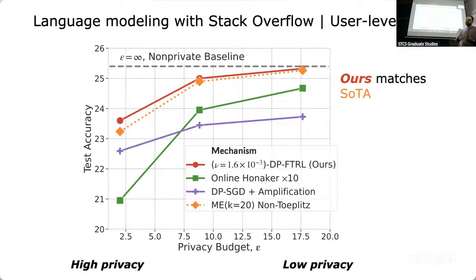And although it came out of theory for linear regression, we tried it out on a deep learning problem with language modeling, and we found that it actually works pretty well. We have to tune this one parameter, but modulo that it matches the state-of-the-art approach, in which you find noise correlations directly to optimize the max loss, using some semi-definite program. So that's not particularly scalable.